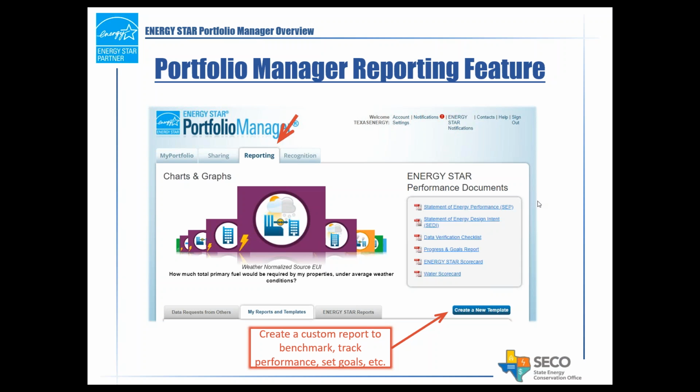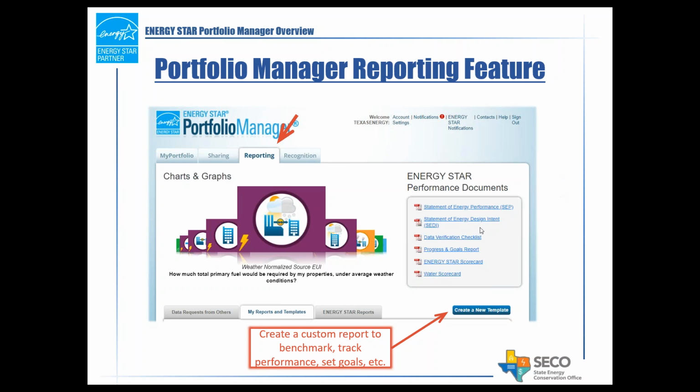And I think in the subsequent slide, we'll actually show you a list of what that may look like. But over here, we just wanted to show you, on the right, they have some of the more popular, or frequently or commonly downloaded reports, such as the Statement of Energy Performance, or SEP. So some local governments may have requirements, I guess specifically for housing and urban development. They may need a SEP for certain buildings as a requirement for certain jurisdictions.